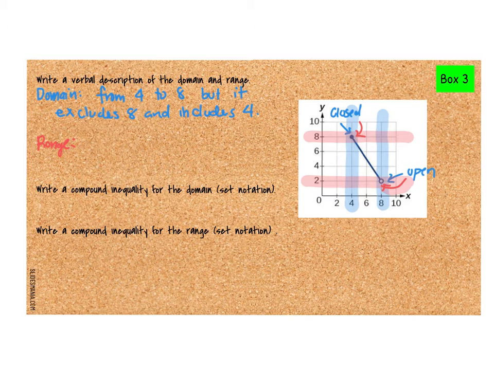So my range is from 2 to 8. It excludes 2, but it includes 8. So I'm just going to put from 2 to 8, but it excludes 2 and includes 8.